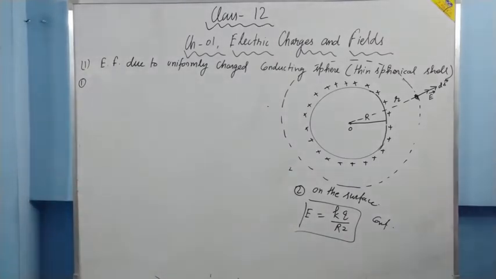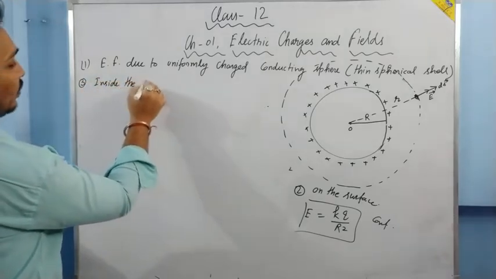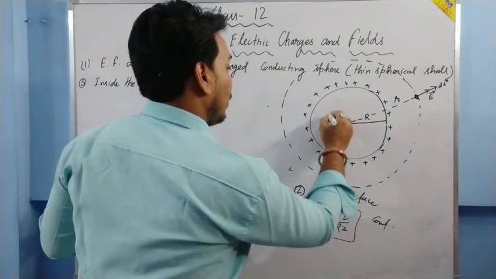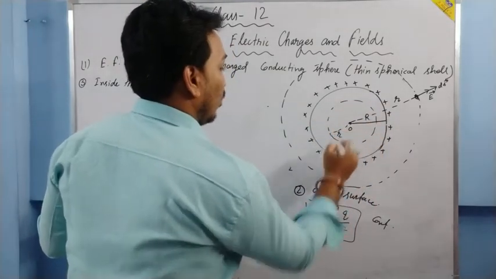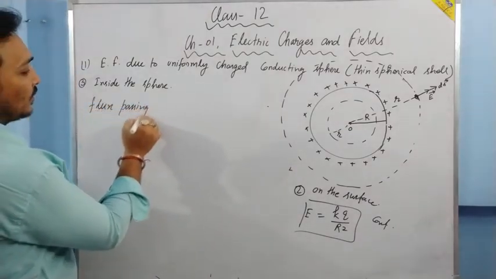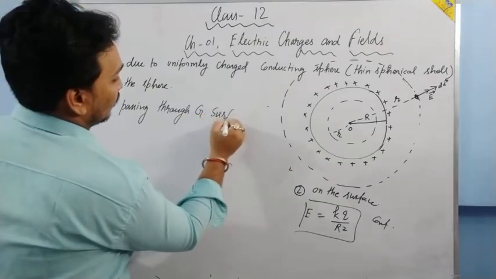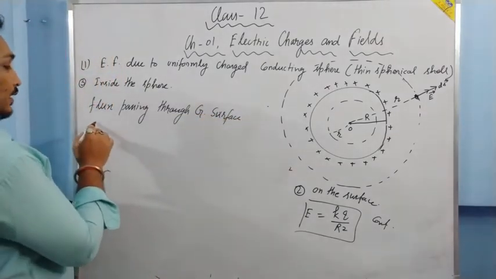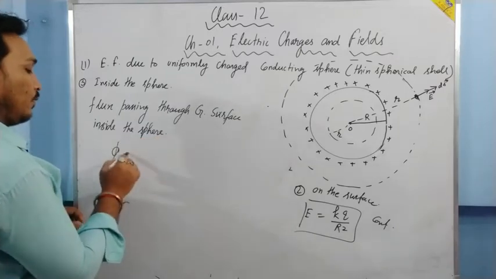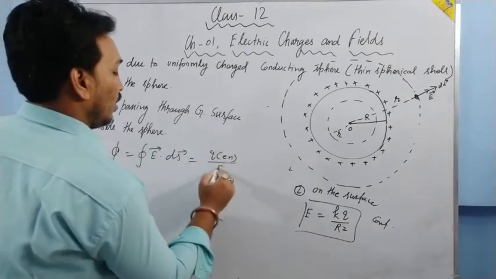And now for the points inside, what happens? Third, inside the sphere, if I take a Gaussian surface of radius small r, then flux passing through the Gaussian surface inside the sphere, phi, will be surface integration of E vector dot dS vector equal to q enclosed upon epsilon naught.